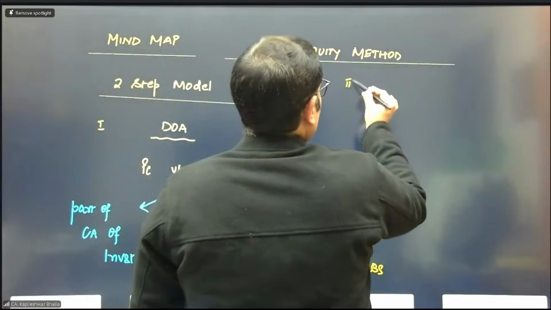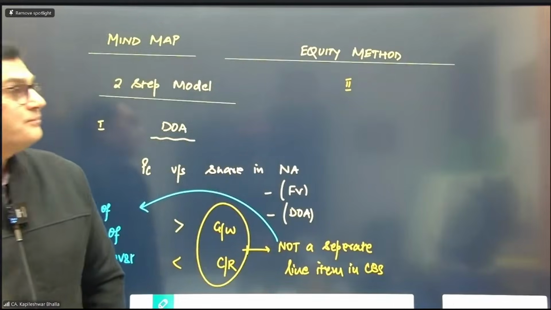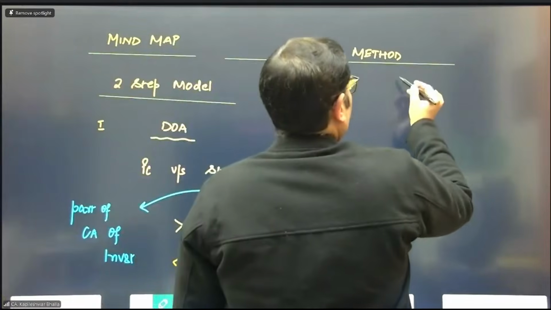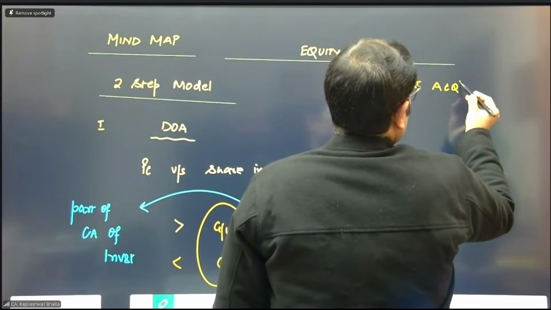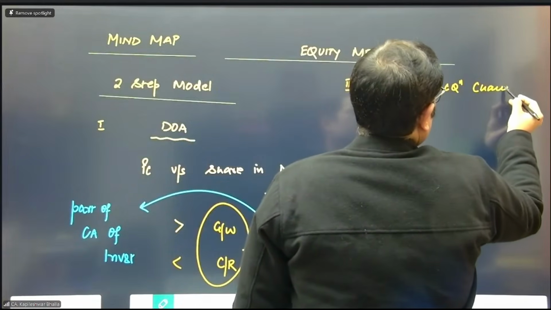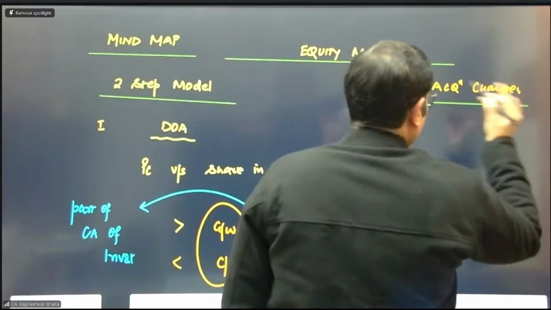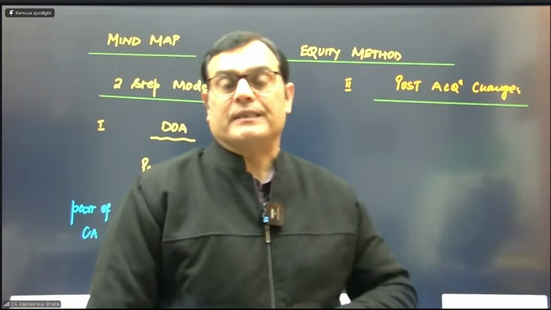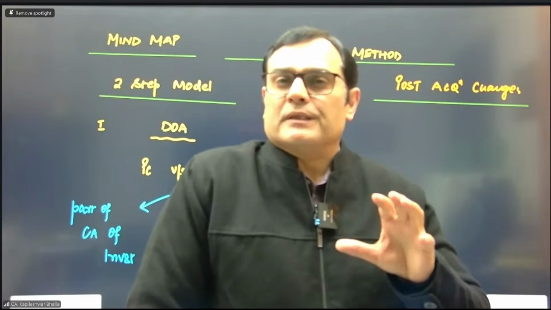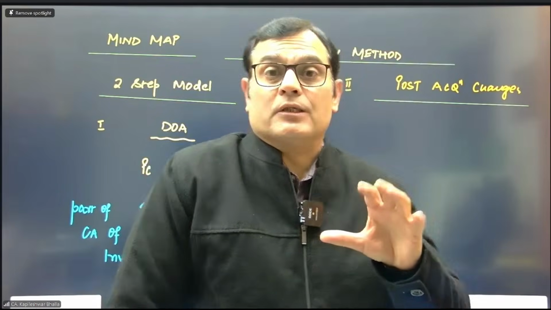And then comes the aspect of step number 2. Now, when you look at step number 2, this is post-acquisition changes. So this is the post-acquisition changes, which means you track the changes in the net assets of the associate company. So we need to consider how the net assets of the associate have undergone a change.